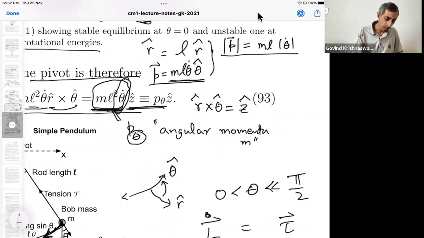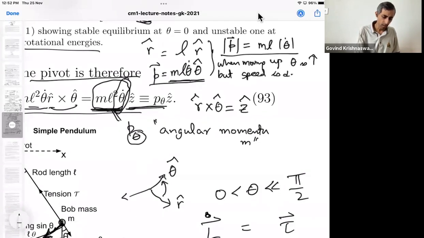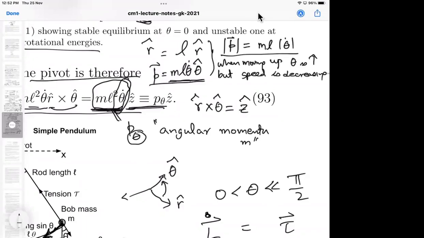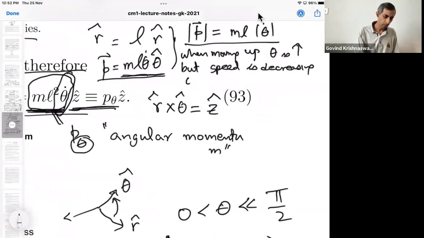So the question is, when moving up, theta is increasing, but speed is decreasing. Do you agree with that, Gautam? Yes, sir, speed is decreasing. So the magnitude of theta dot is falling.